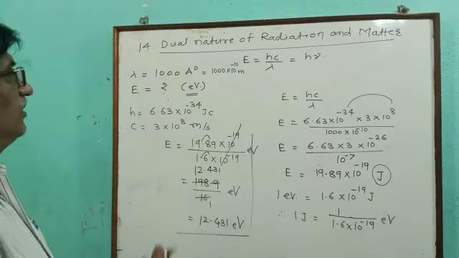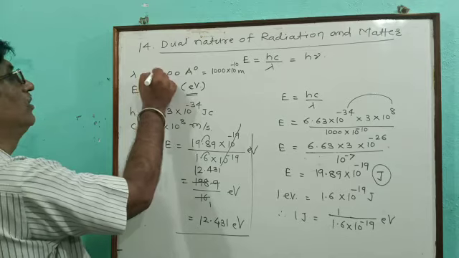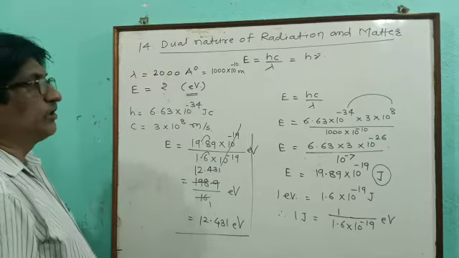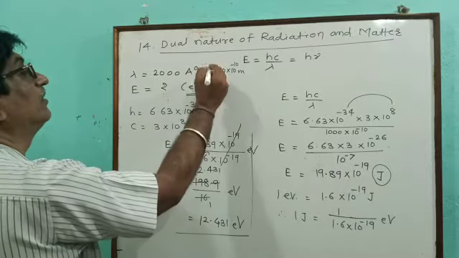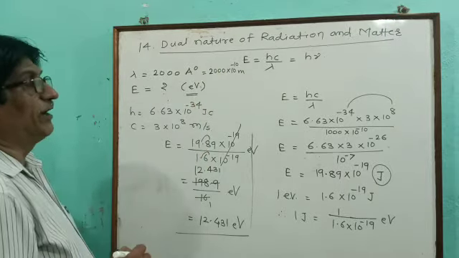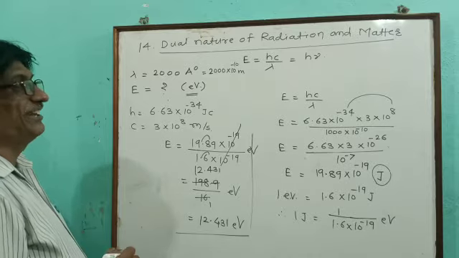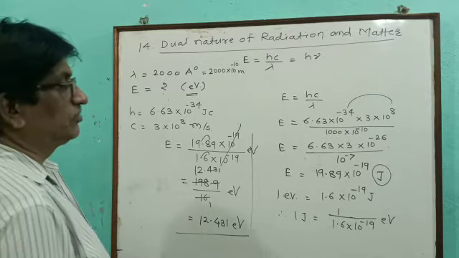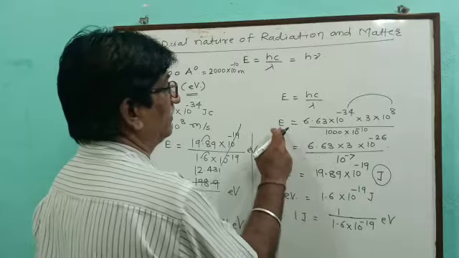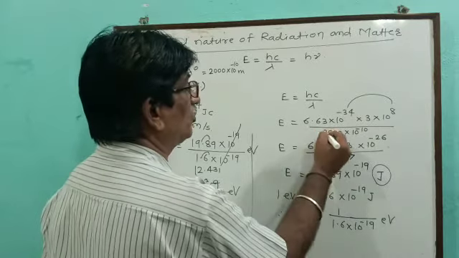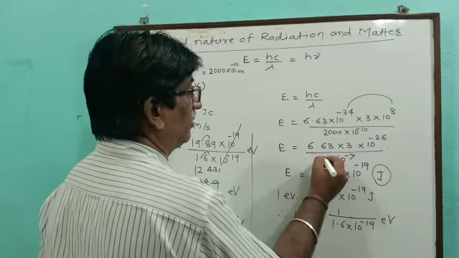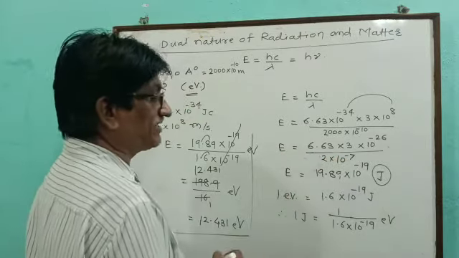Similarly, the question will be asked for wavelength 2000 angstrom unit. What happened here? 2000 multiplied by 10 to the power minus 10 meter. So here the formula is E is equal to, values are put, here we can put 2000. So here we put 2 into 10 raised to minus 7.